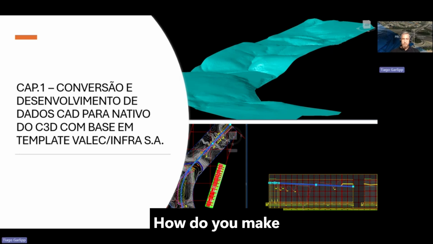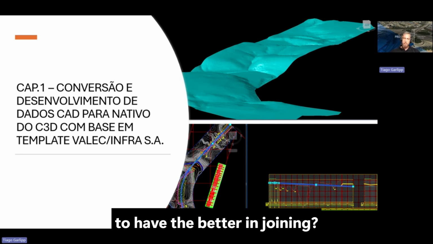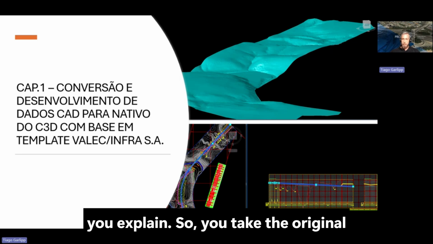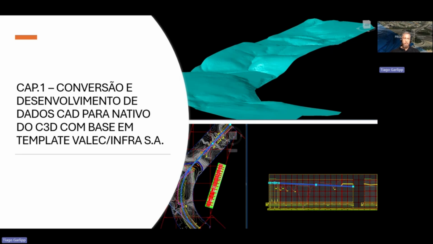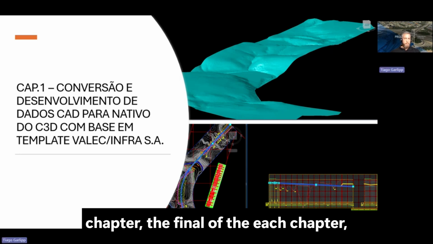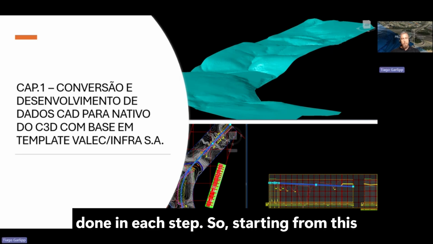How do you download the files to have better joining? You take the original files, and you do the style process for each chapter. At the end of each chapter, you do the comparison done in each step.